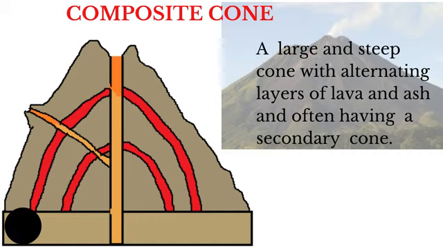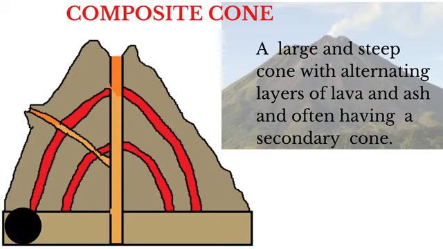And so, as this continues, the structure that is created will consist of alternating layers of ash and lava. Now, the lava associated with this cone, of course, is acidic in nature.